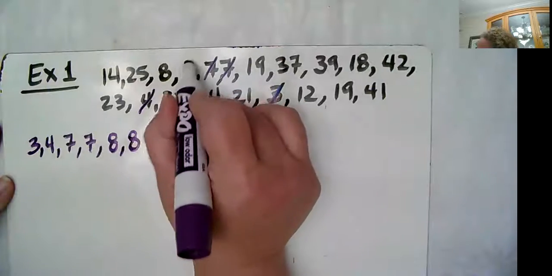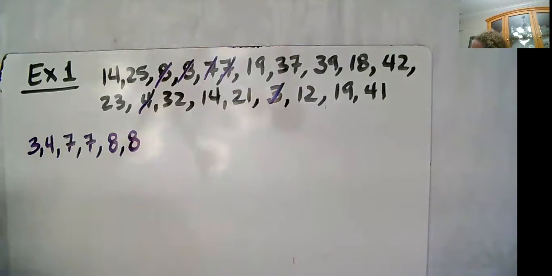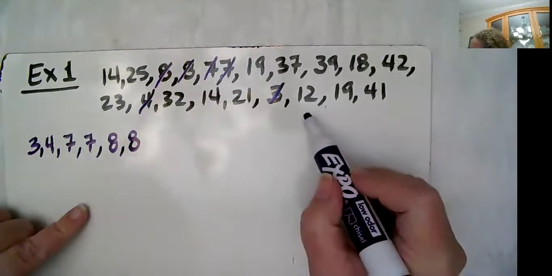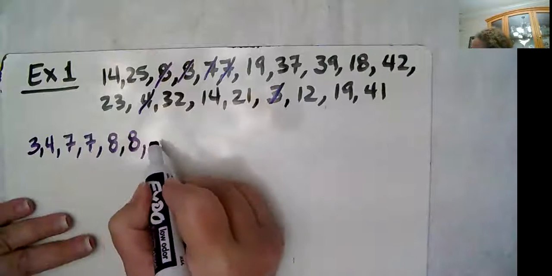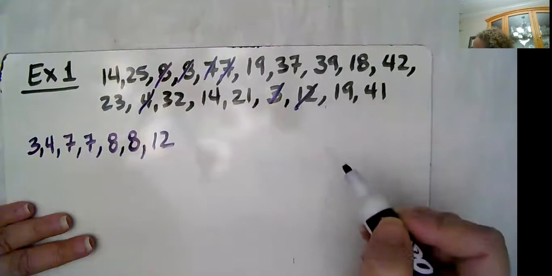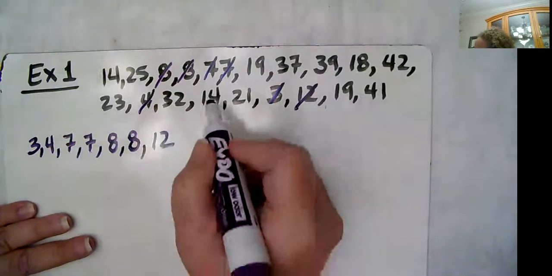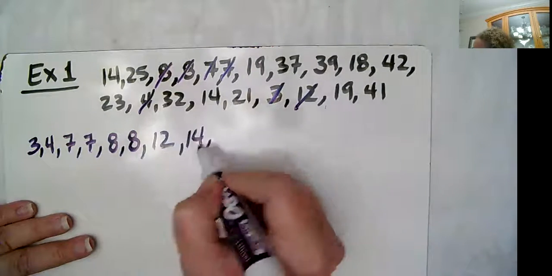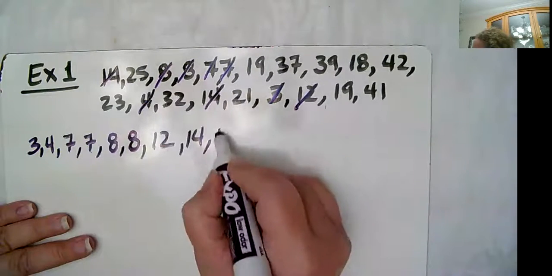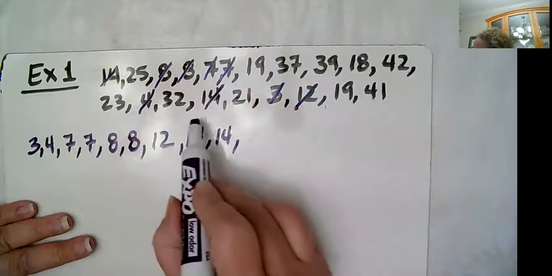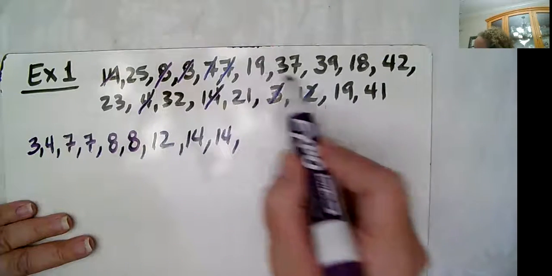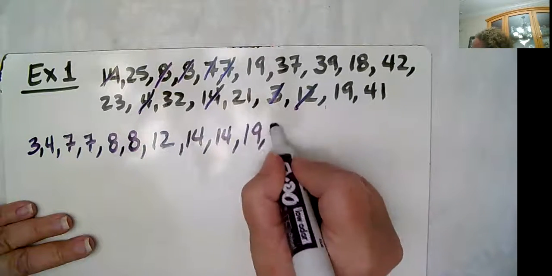Cross those out. 7, 7, 8, 8. Let's see what's next. 12. Cross that out. Then a couple of 14s. 14, 14. Any more ones? Then we have 19, so 2 of those. 19 and 19.